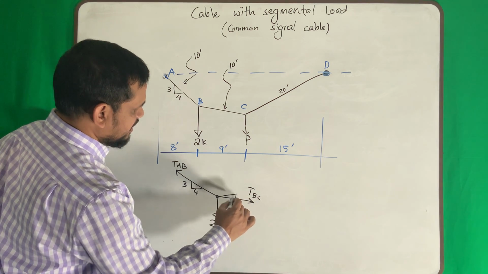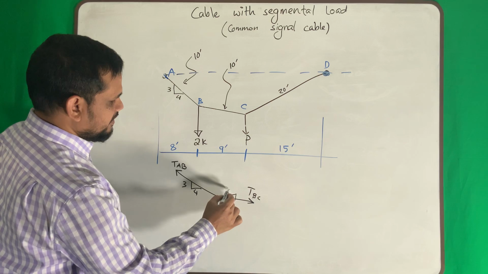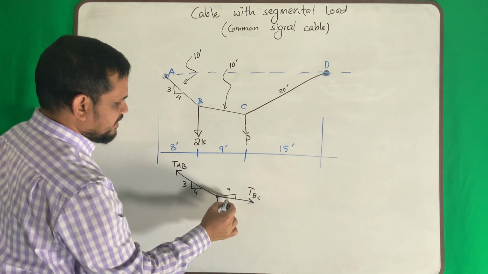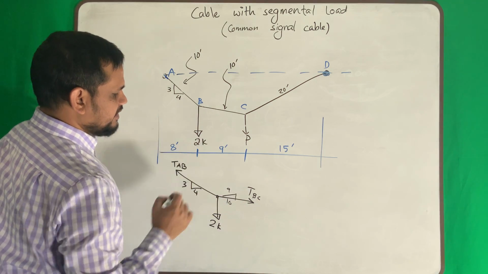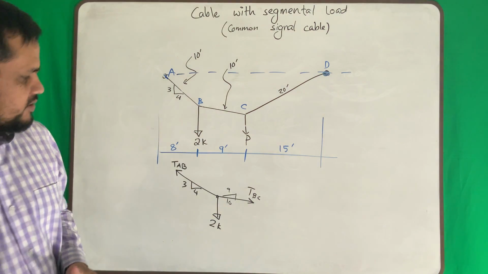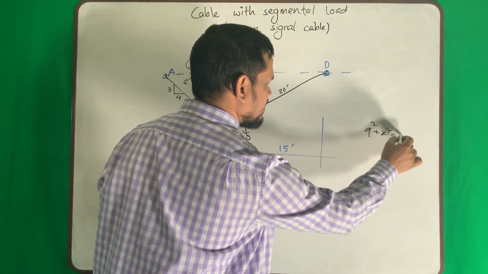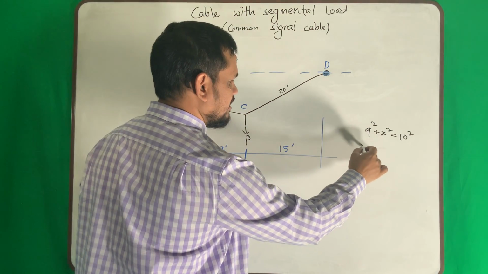What is the slope here? This portion is 9, my hypotenuse is 10. I can find this side using the Pythagoras rule. That means 9 squared plus x squared equals 10 squared. Then what is my x?